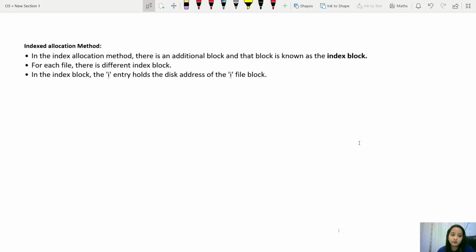Okay, so we maintain the index block, and for each file there is a different index block, and in the index block the ith entry holds the disk address of the ith block of the file.